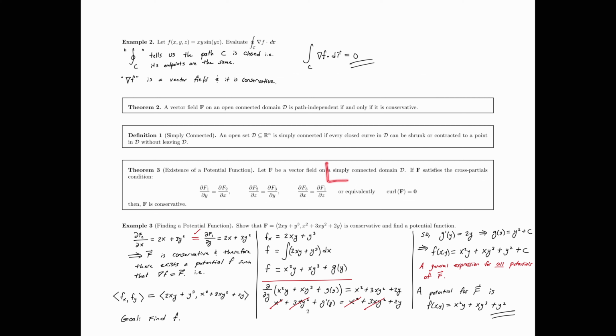So here's an example of a vector field that's not defined on a simply connected domain. So look at our vector field here. Our vector field, f, is technically defined on the plane without the origin.